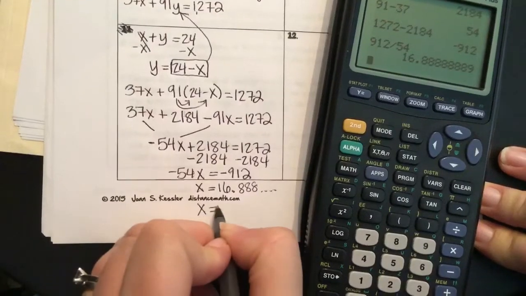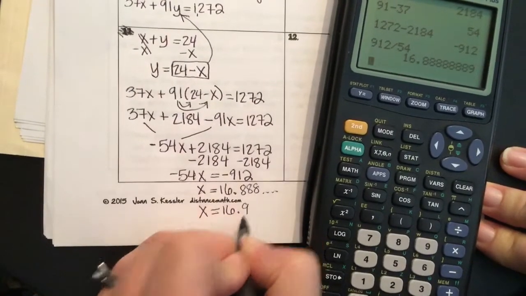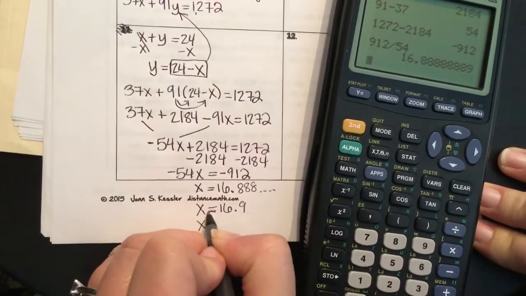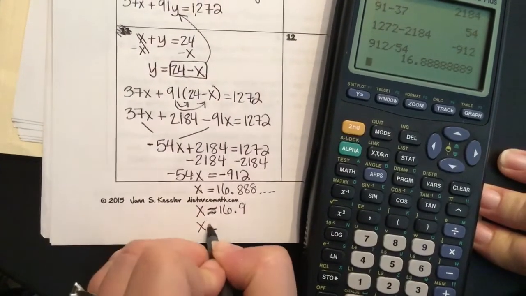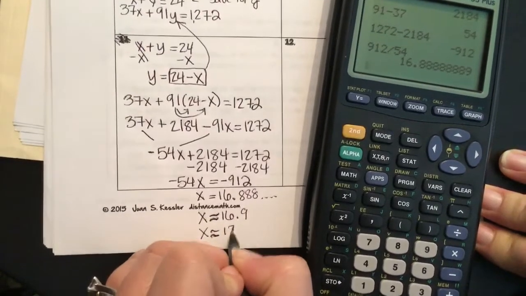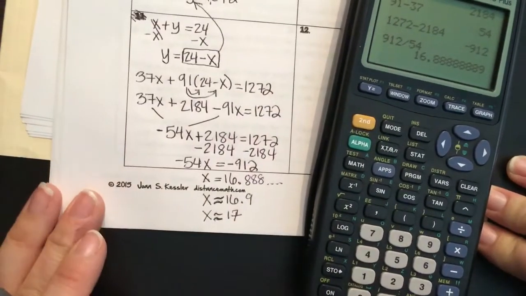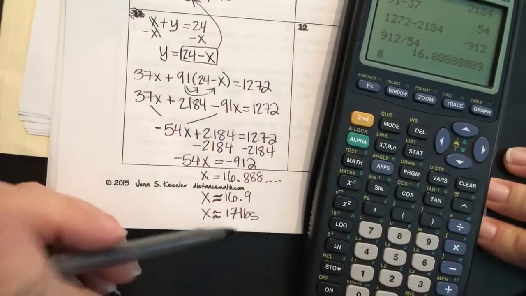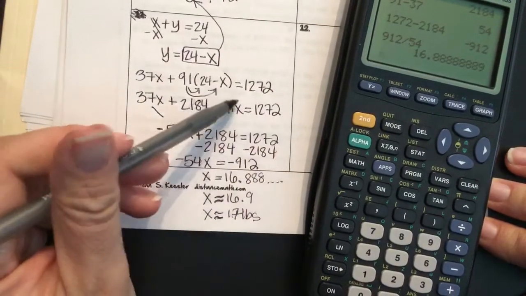So if you rounded to the nearest tenth, that would be 16.9, right? But nearest whole would be about, let's go ahead and use the about symbol on both of these, about 17. Okay, so 17 pounds. Now we have to check, is that the cheaper mixture or the more expensive mixture?